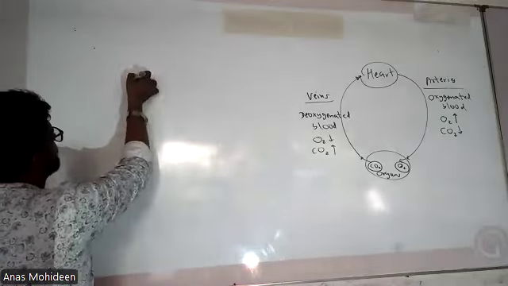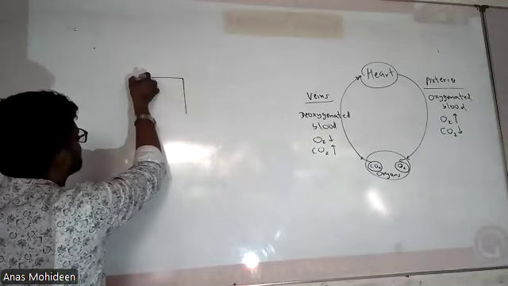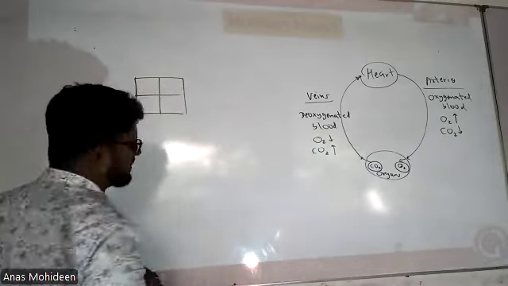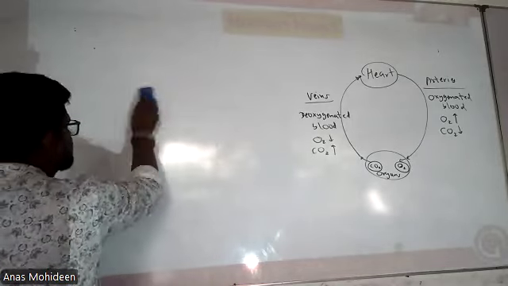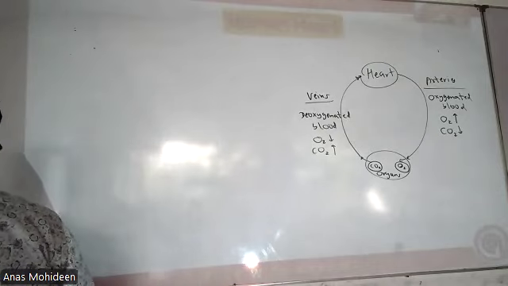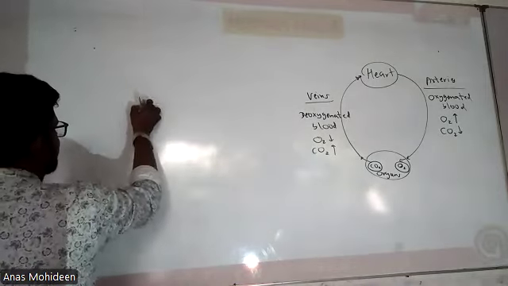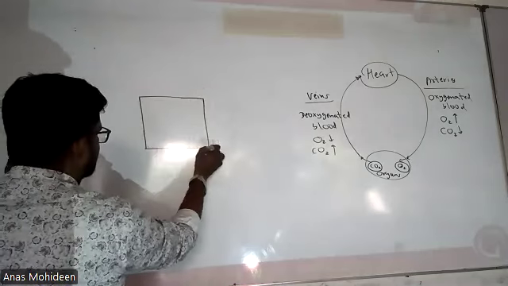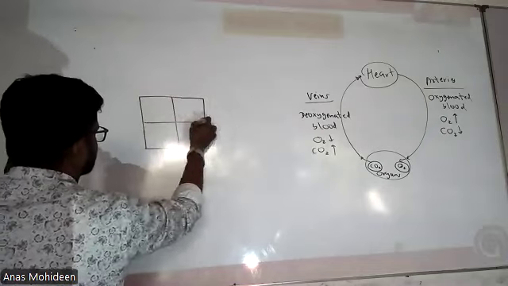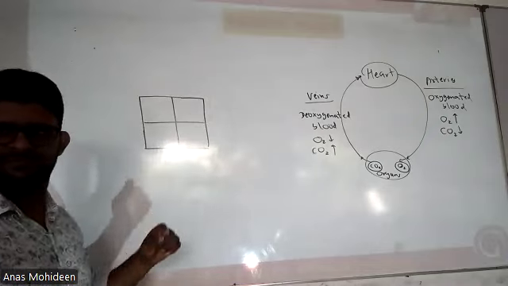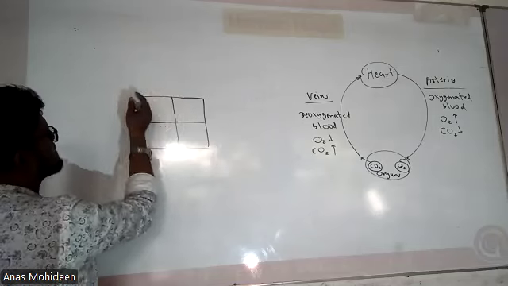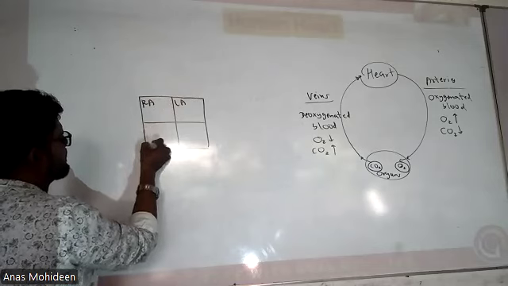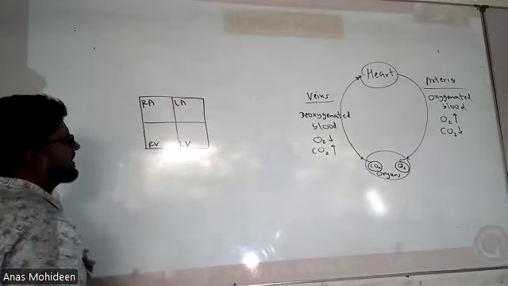So let me take this way now. You take the heart. The heart has four chambers. Left side, right atrium, left atrium, right ventricle, left ventricle.